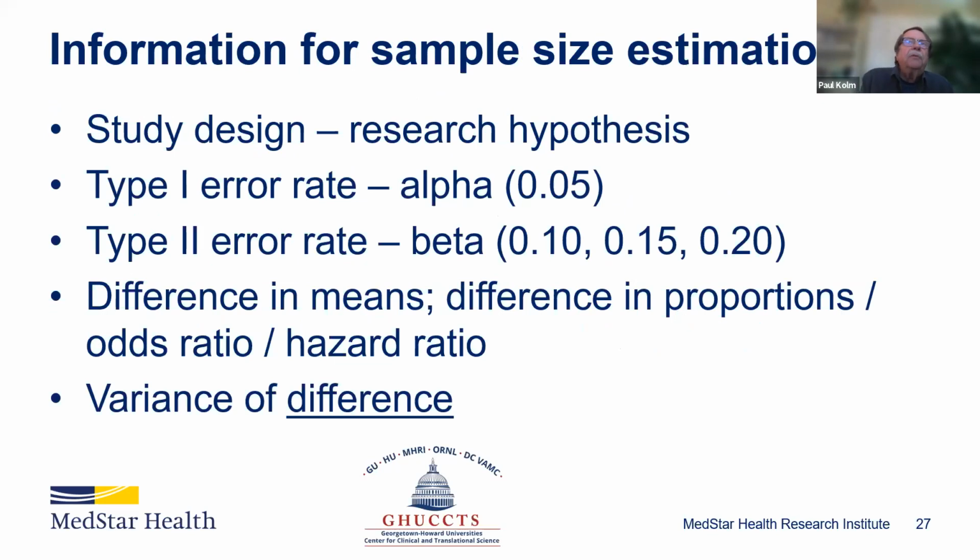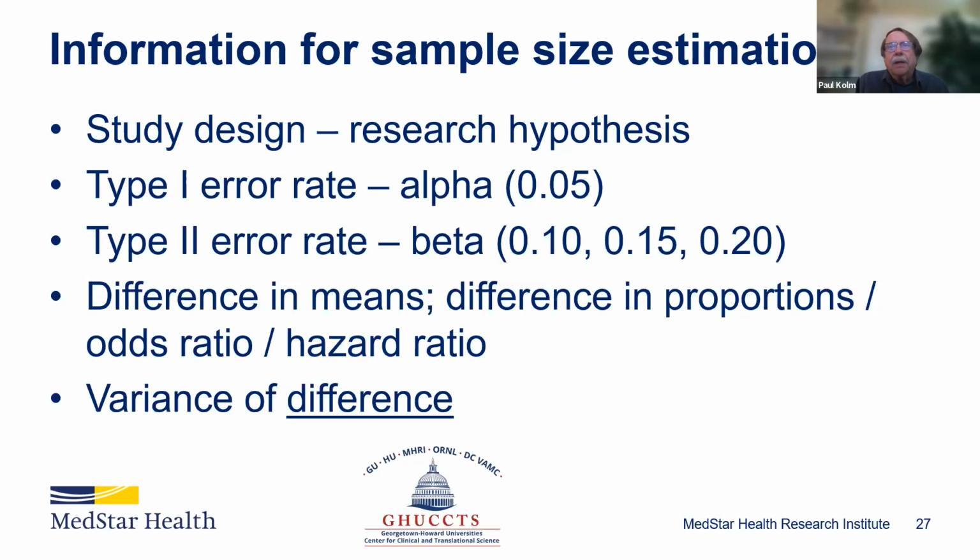Okay, so the information that we need for a sample size estimation, of course, we need to know what the study design is, what our research hypothesis is. We need to know the type 1 error rate, which is in most studies 0.05. And then the other thing that we need to know as far as error rates is the type 2 error rate, or the beta error rate.